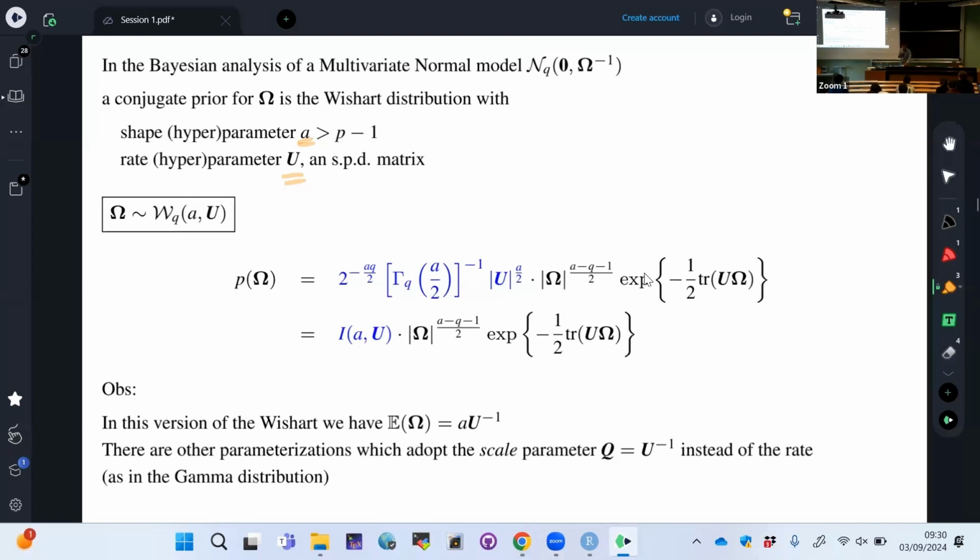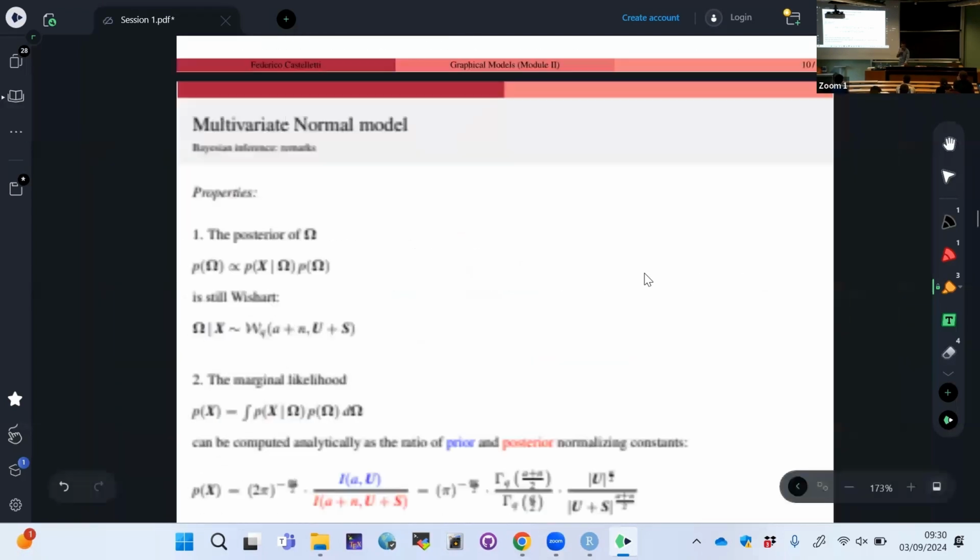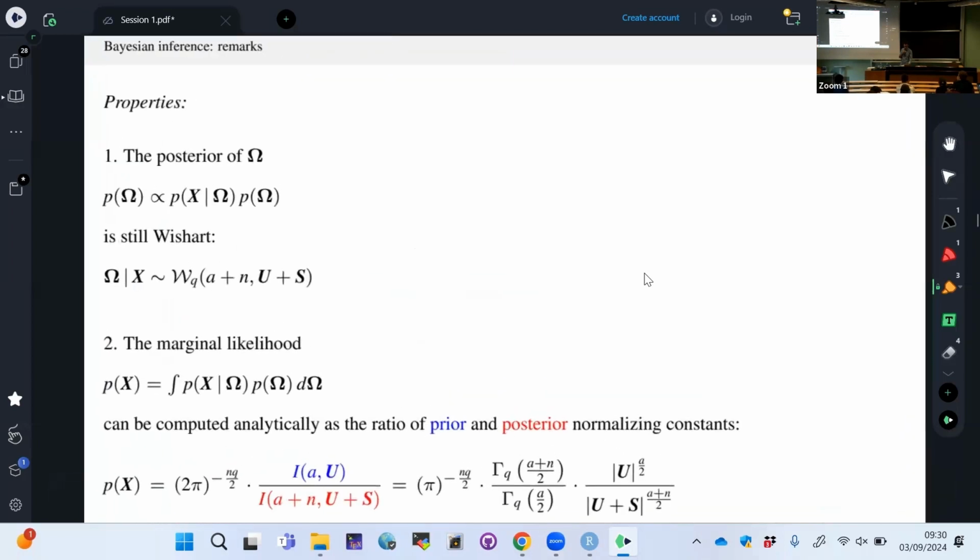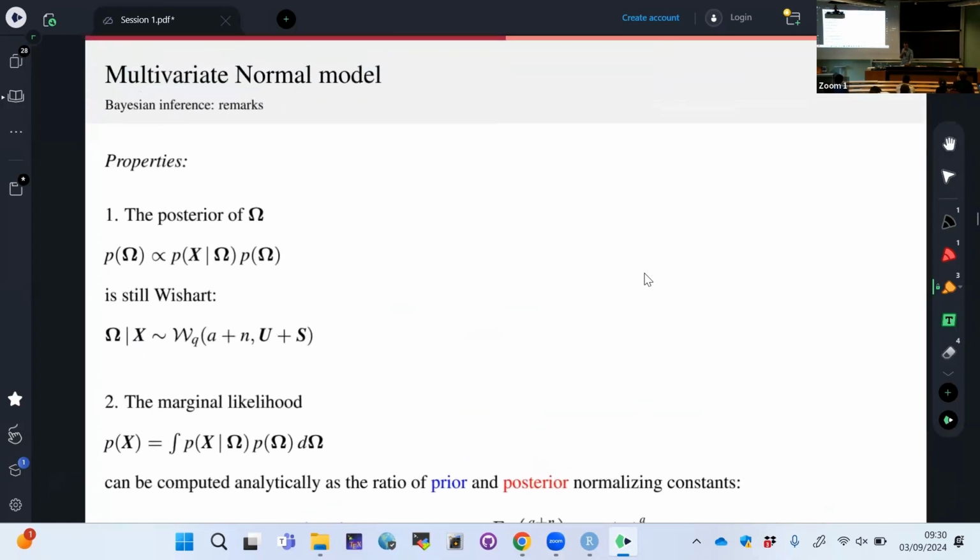Now, if omega is a Wishart with this kind of parameterization, there are two nice properties. The first one is related to conjugacy.